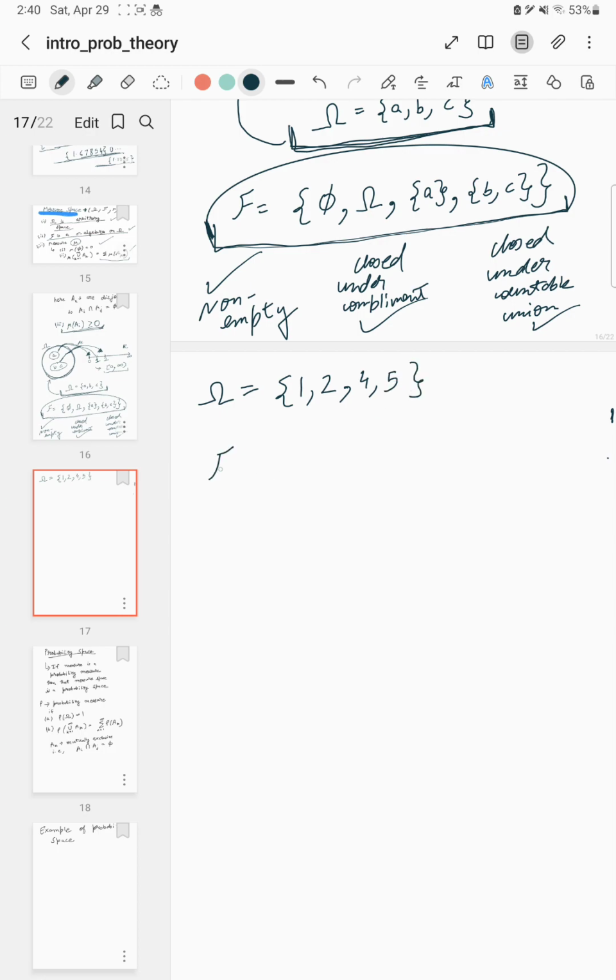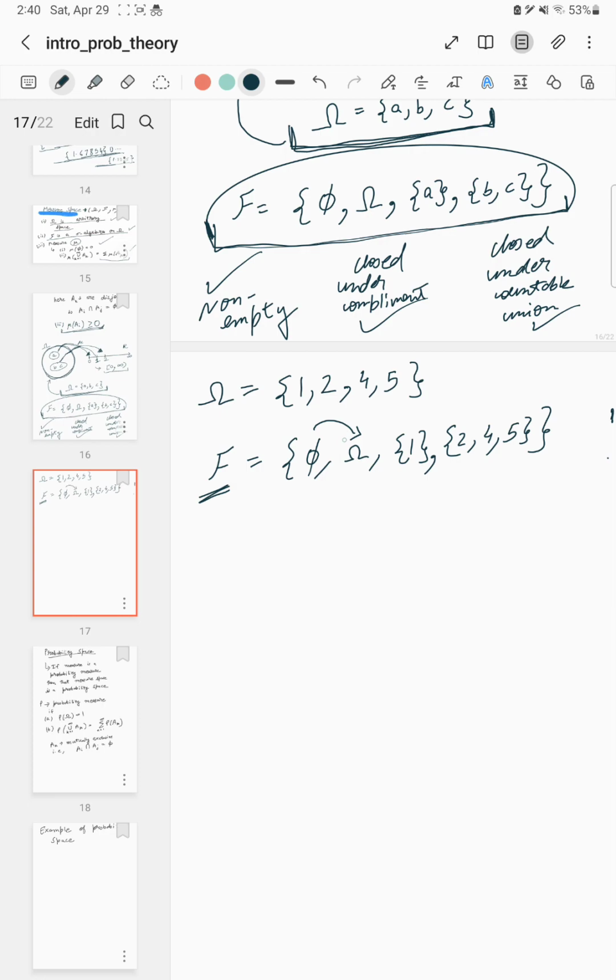And we define a sigma algebra as this: phi, omega, {1} and {2, 3, 4, 5}. So is F a sigma algebra? Yes, it is. As it is non-empty, it is closed under complement.